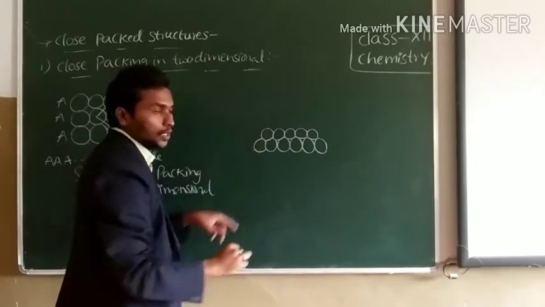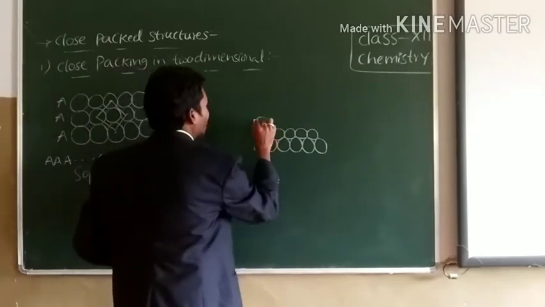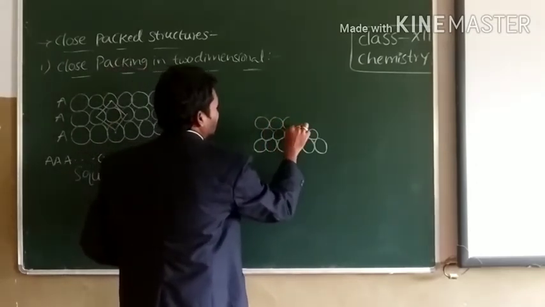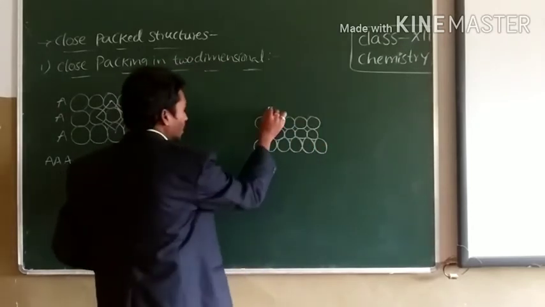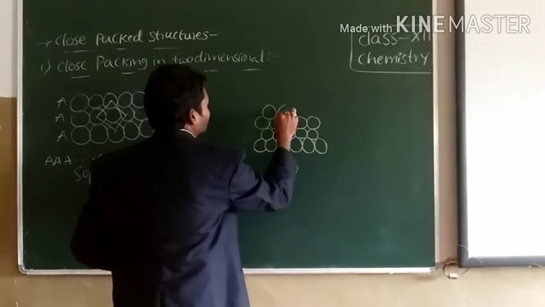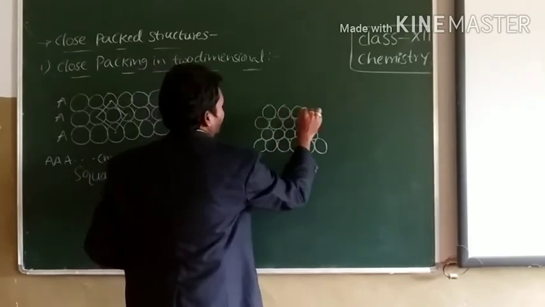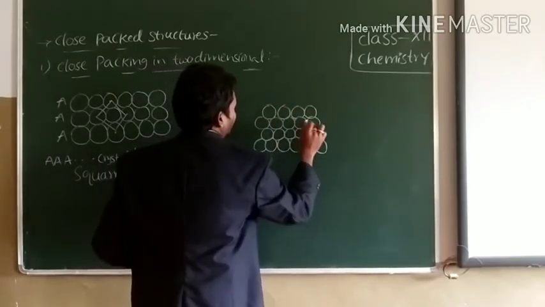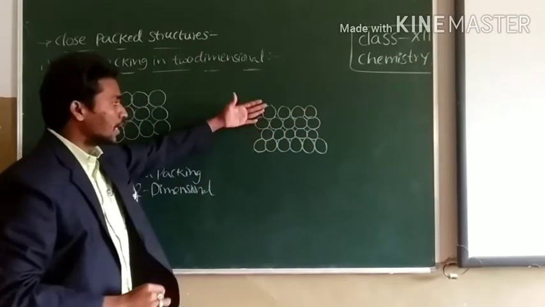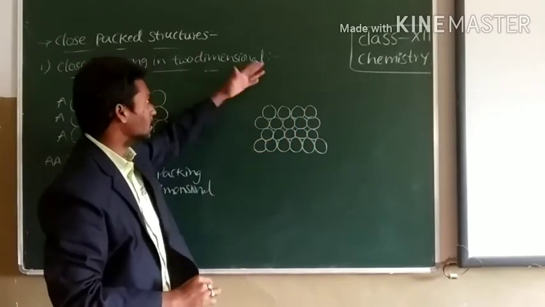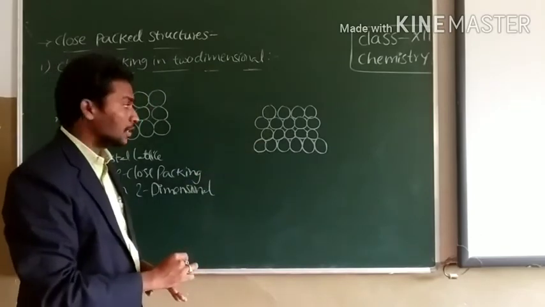This is the second row, and the next row. Next, another row. This is the way we can arrange layers in the two-dimensional crystal.